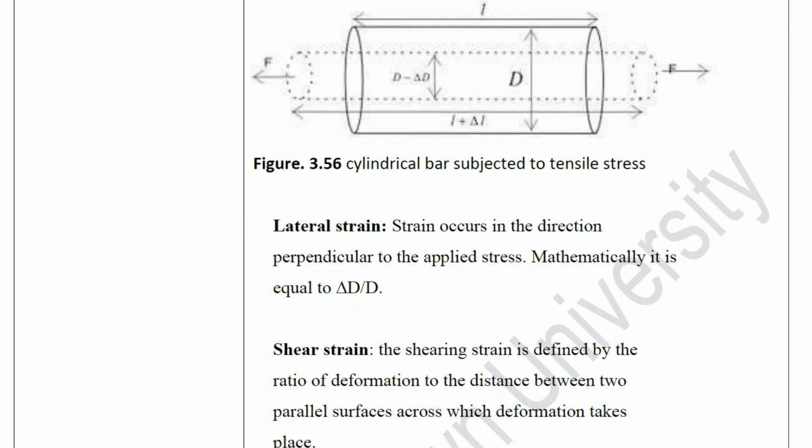Now the next one is lateral strain. What is lateral strain? It is the strain occurring perpendicular to the direction of the applied stress. If you see figure 3.56, if the force is applied in the horizontal direction and the deformation also occurs in the horizontal direction, there is a certain deformation by del L. This is known as longitudinal strain. Lateral strain occurs perpendicular to the applied stress.